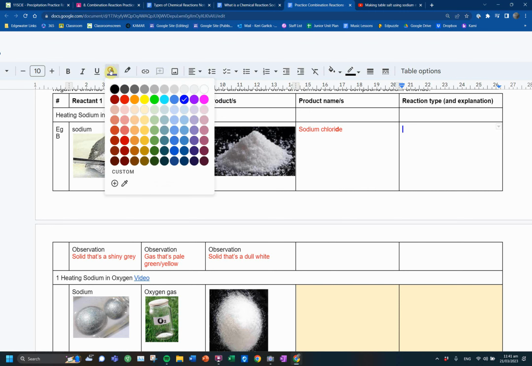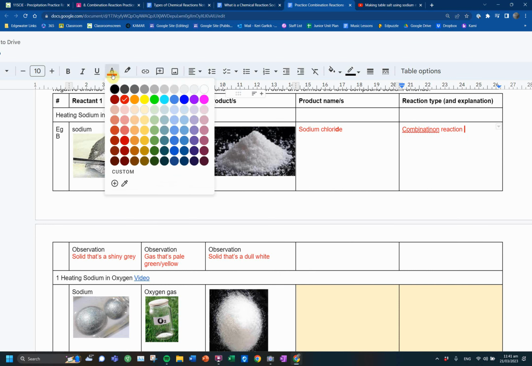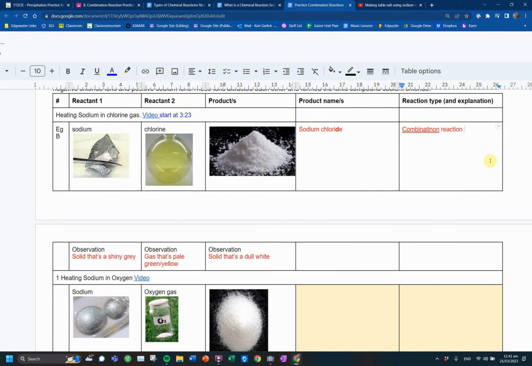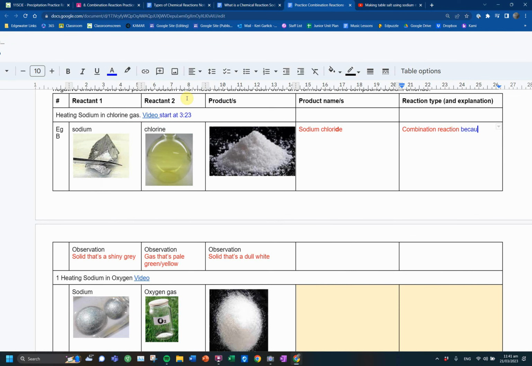All right, what type of reaction is this? Combination reaction. Combination, good. So this is a combination reaction. And then that's enough for the achieved. If I wanted to get my answer up to merit, what should I be doing? Using the word because. So how do I know that it is a combination reaction?